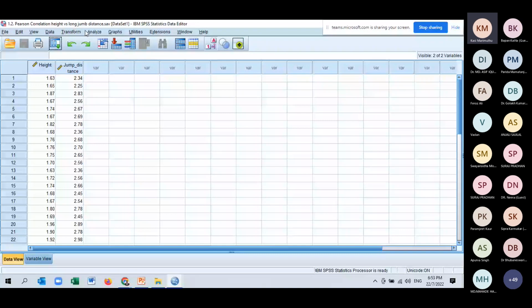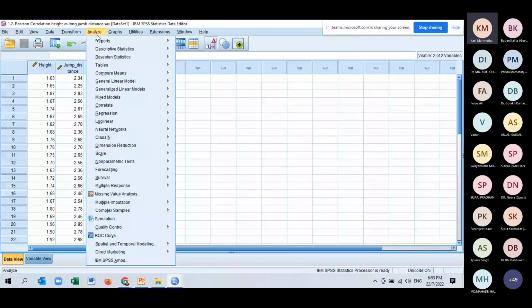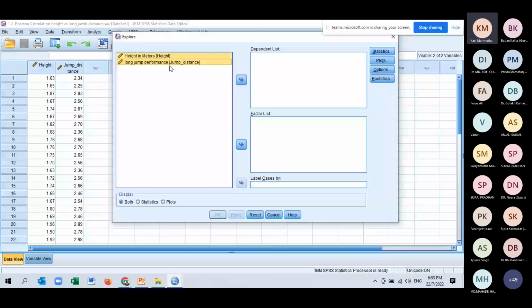Go to Analyze, click Descriptive Statistics, then Explore. Transfer your two variables from the left side to the right side, into Dependent List.